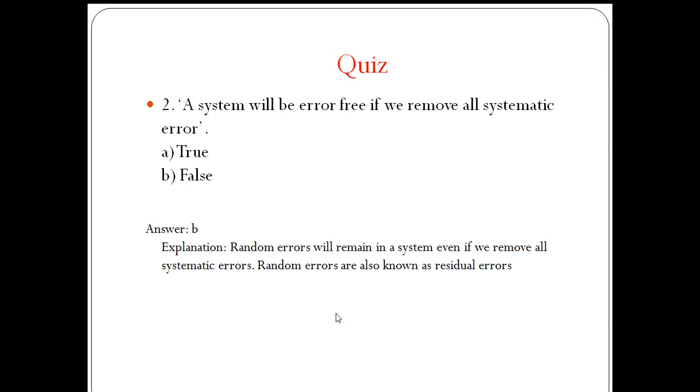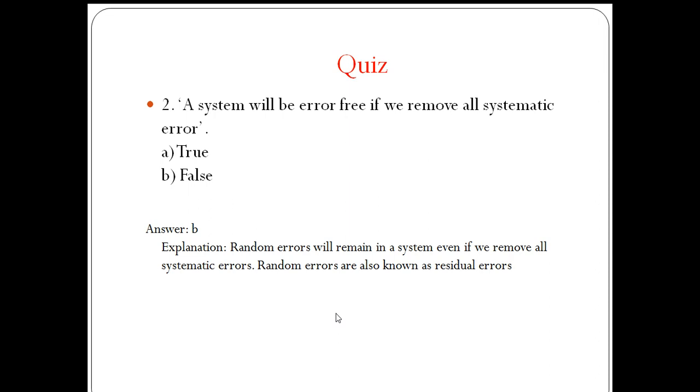What they are saying is, if we remove the systematic error, then the measuring instrument is 100% correct. The statement is false because along with systematic error, we have gross error and random error. So we have to remove those errors also.